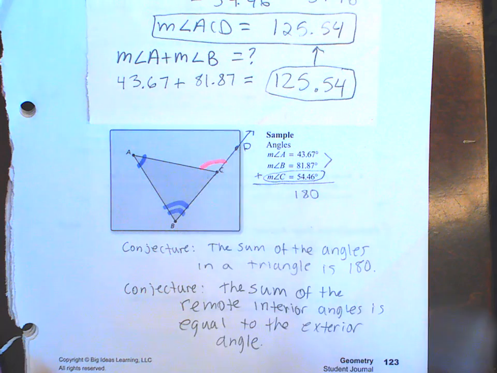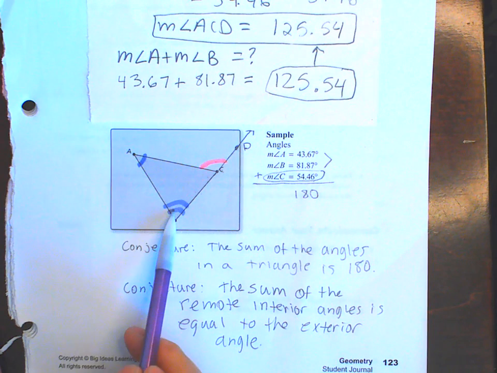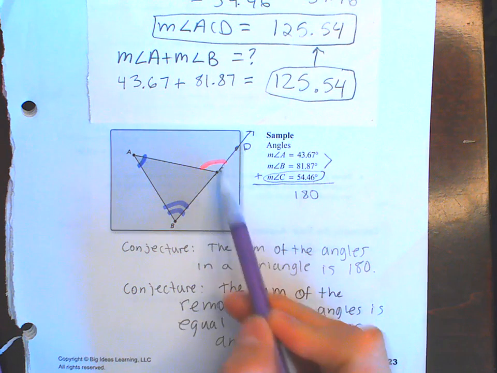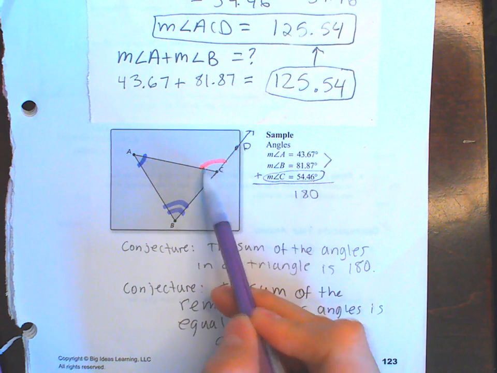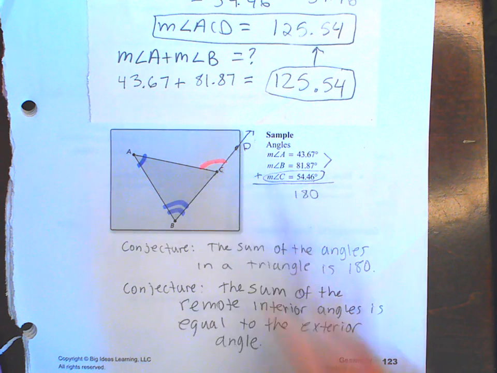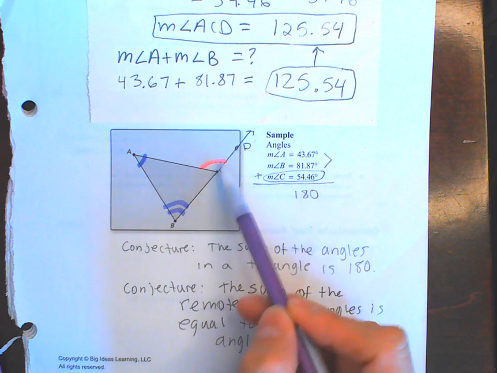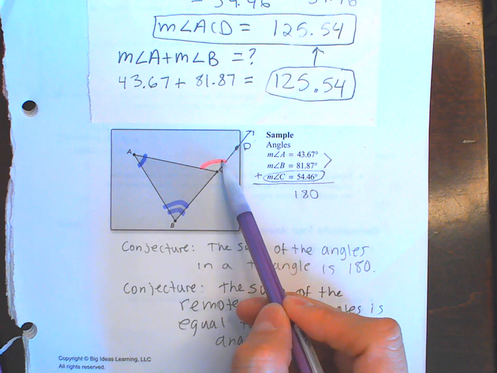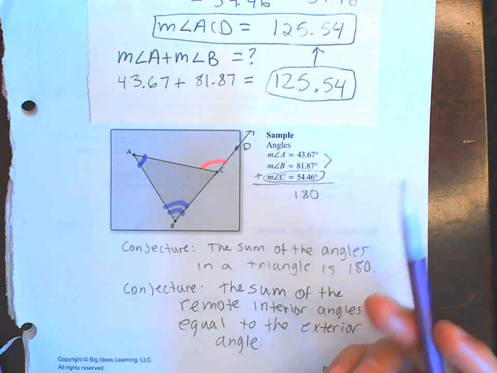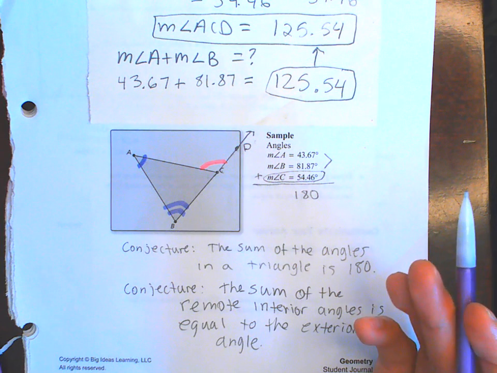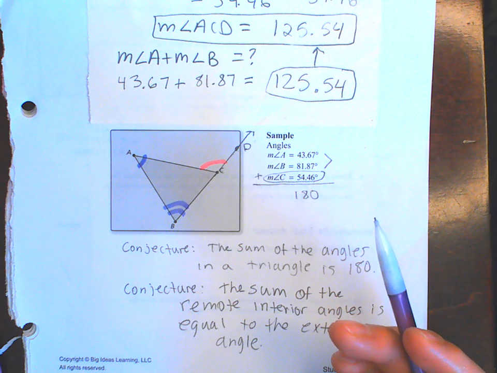In other words, this angle plus this angle, which is a non-adjacent angle to this angle, is equal to the exterior angle. Very simple. This plus this equals this. And we haven't done a proof, but we're going to do a different type of proof in a bit.